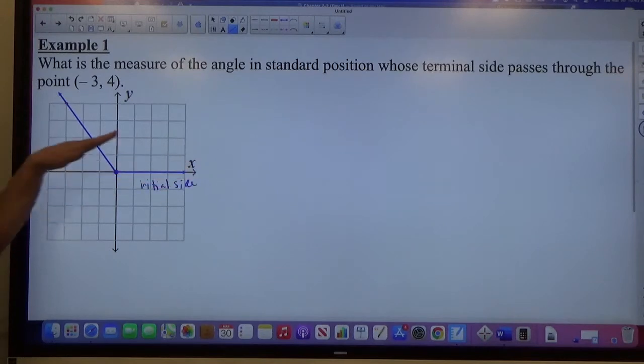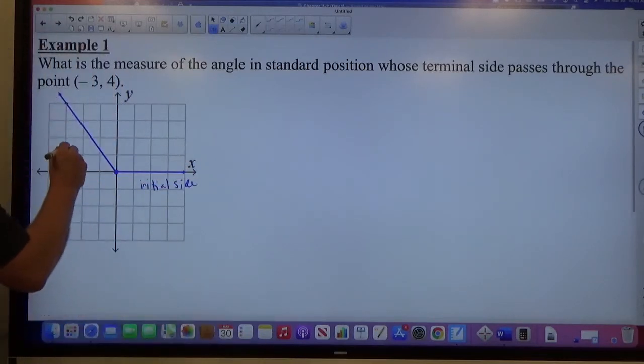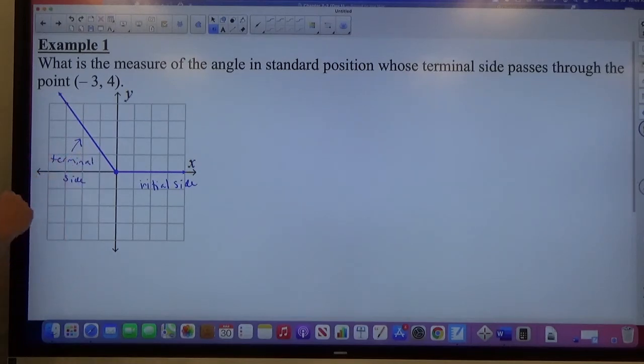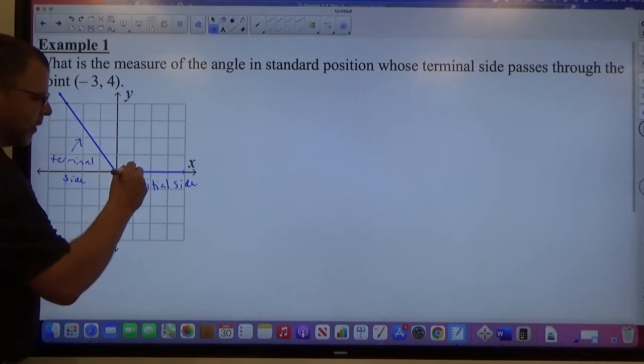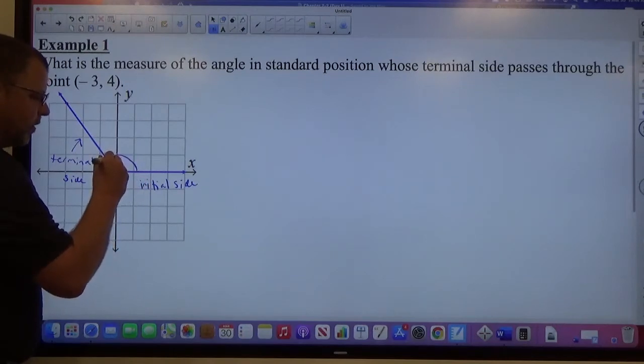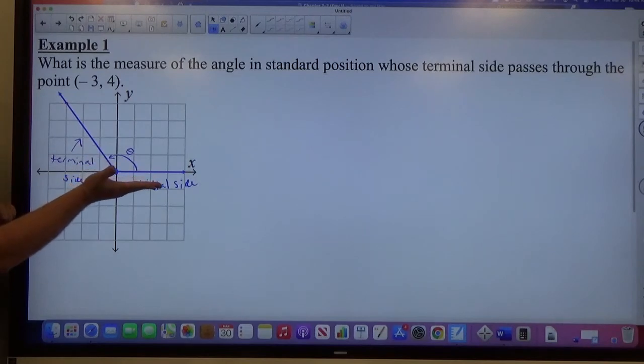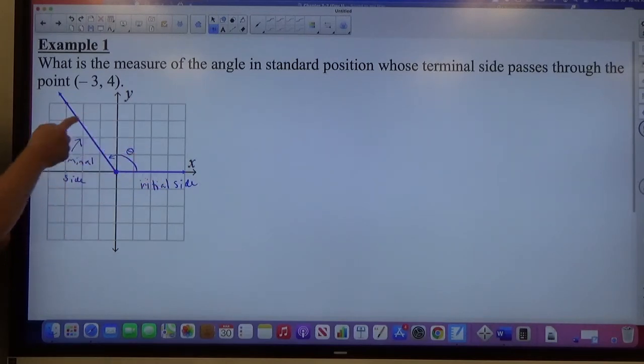So the initial side is this. Where the angle ends up is called the terminal side. And again, the vocabulary is important here so you know how to identify what we're talking about. Now, the angle right here is the angle in question. The angle always goes from the initial side counterclockwise to the terminal side.